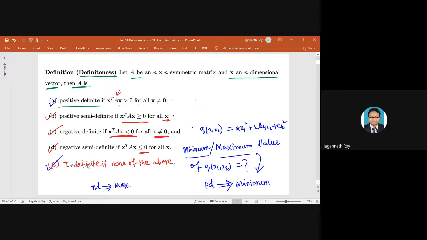There is another relation. Positive definite will also indicate a convex function, and negative definite will imply a concave function.